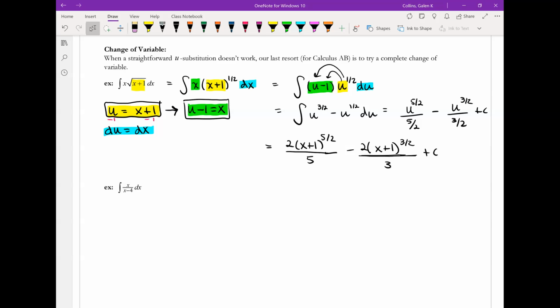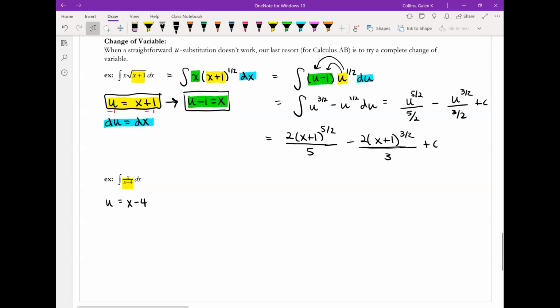So we need to let u be x minus 4, because if u equals x, that wouldn't help us at all. We'd just be stuck with the same problem. All right, so u is x minus 4. And then that means du is just 1 dx.